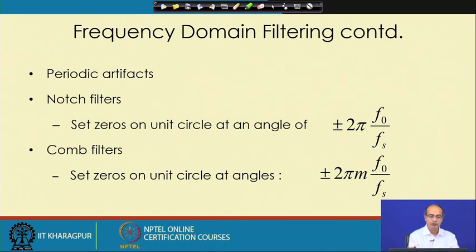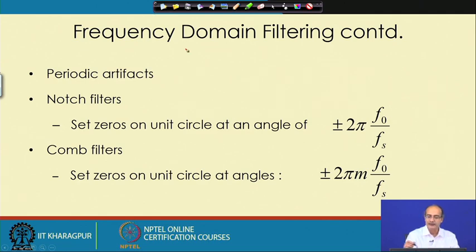So, we look at a particular filter that is called the notch filter. A notch filter means that it will have a zero at a particular frequency. Okay. So, this is the notch. Here what we do is set some zeros on the unit circle at a particular frequency, and we take a conjugate pole pair in this case.